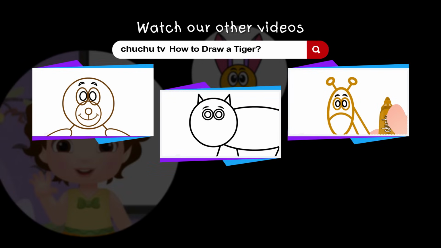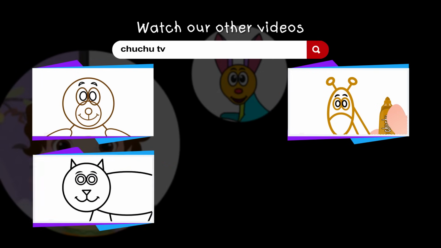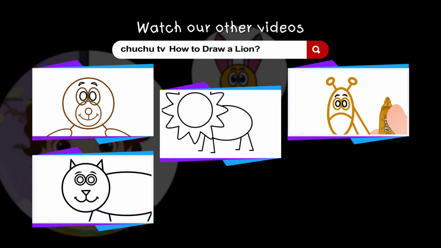Let's draw the nose and mouth. Let's draw the tail.